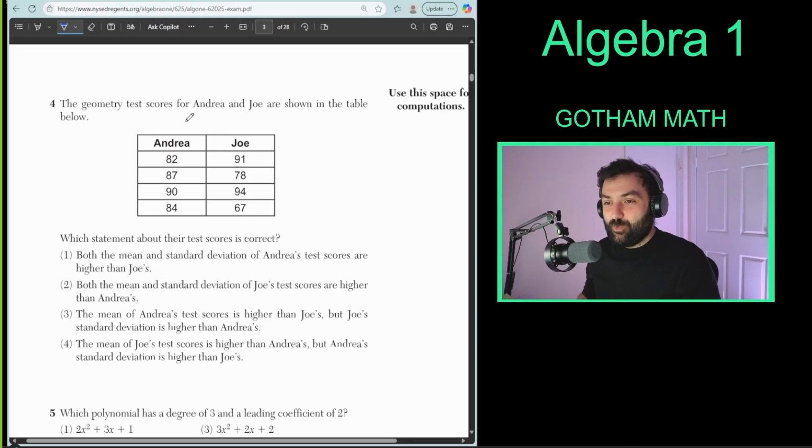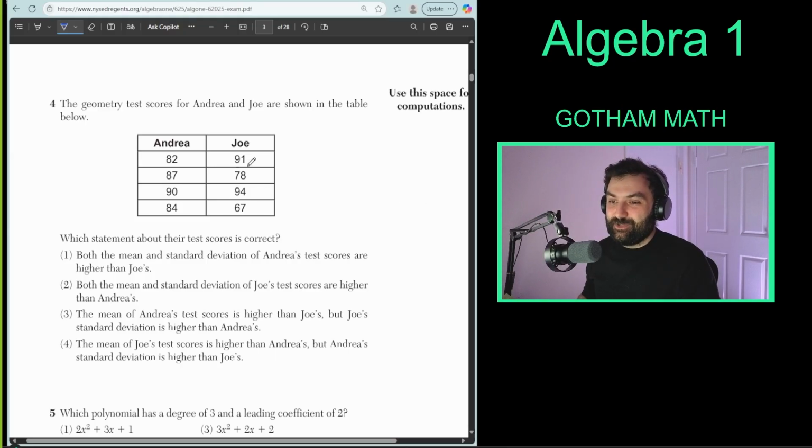The geometry test scores for Andrea and Joe are shown in the table below. Which statement about their test scores is correct? Both the mean and the standard deviation of Andrea's test scores are higher than Joe's. Both the mean and standard deviation of Joe's test scores are higher than Andrea's. So guys, how would you do it without a graphing calculator?